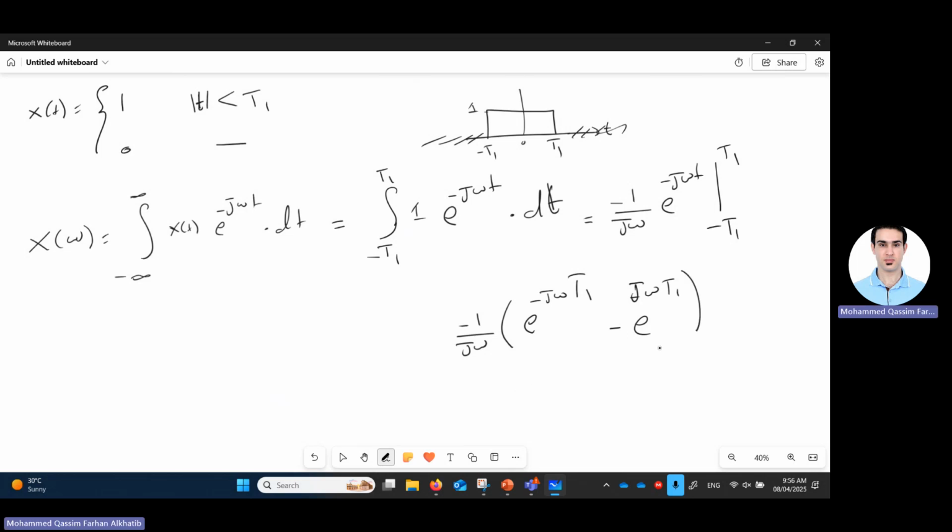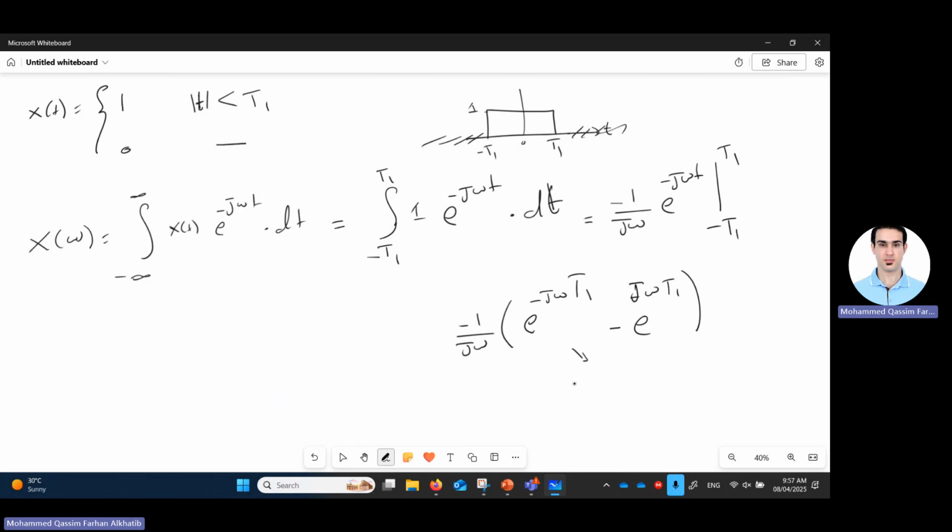If you look at this value, what do you think will be the proper expression for this? Is it sine or cosine? Cosine plus. When you see a plus sign between two exponents, cosine will be a better candidate, but there's a difference here, so that's a sine. Now, in the sine, we are used to seeing e to the power j omega minus e to the power negative j omega. Here I have the opposite, e to the power negative j omega minus e to the power j omega. So that's a minus sign.